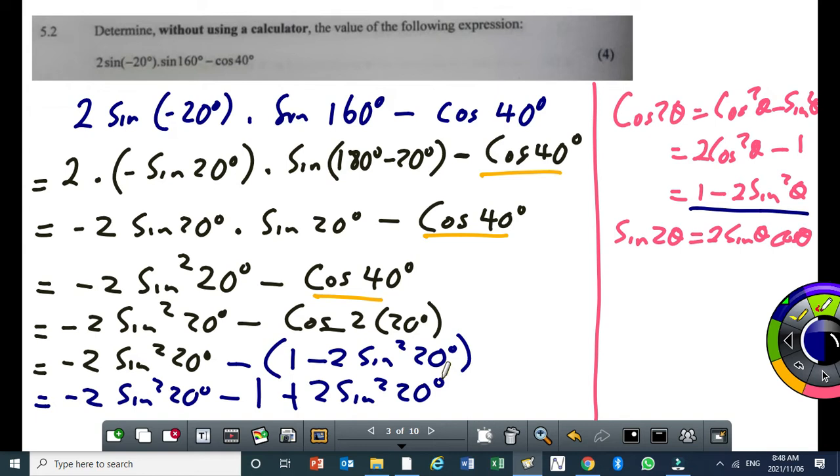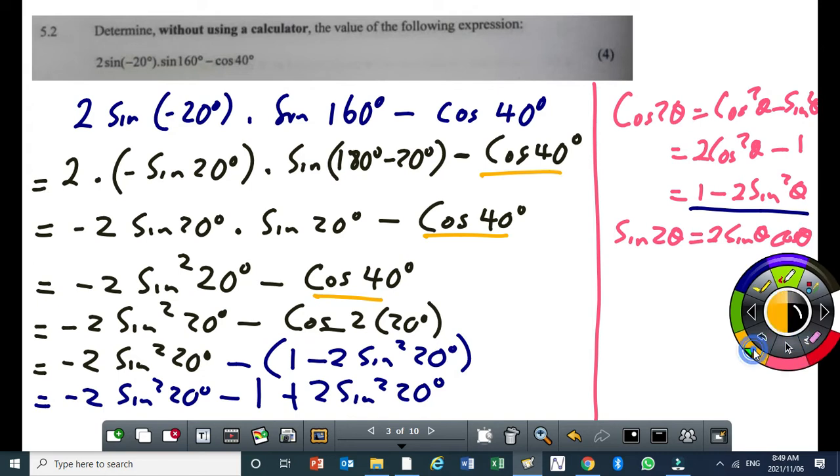Right? Are you following me? You see how easy it was? It was not that difficult. So minus 2 sine squared 20 plus 2 sine squared 20 degrees, they cancel out. So your final answer will become negative 1.